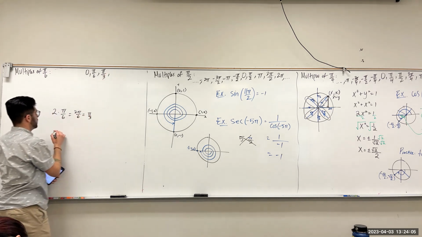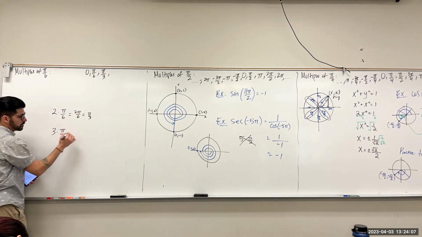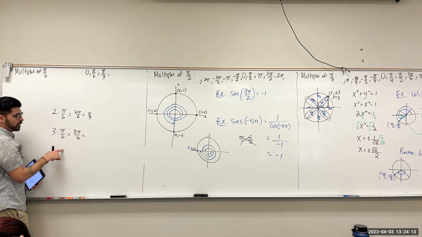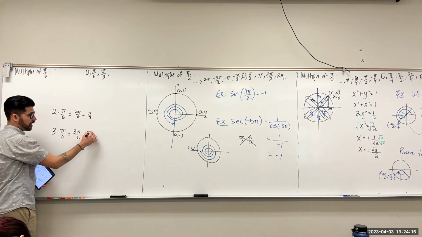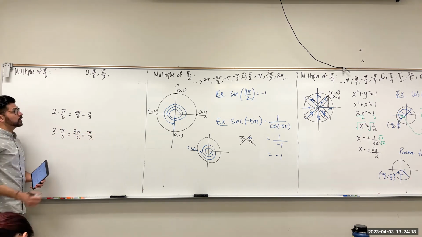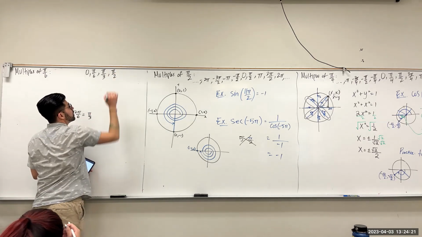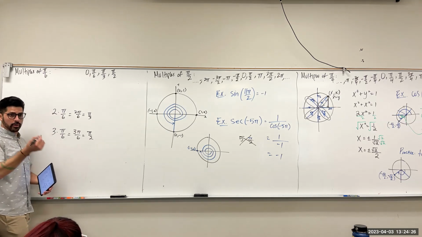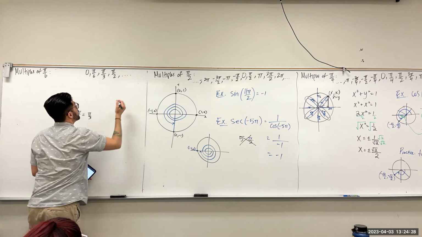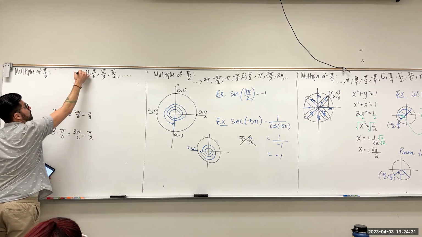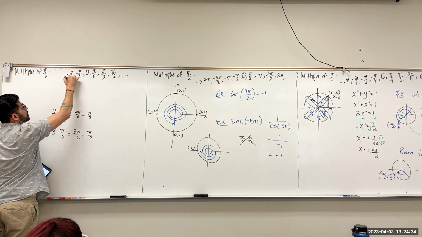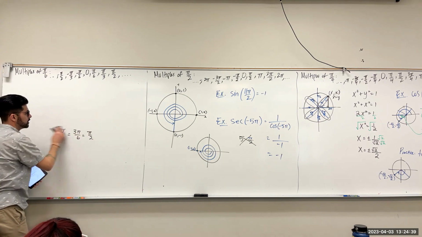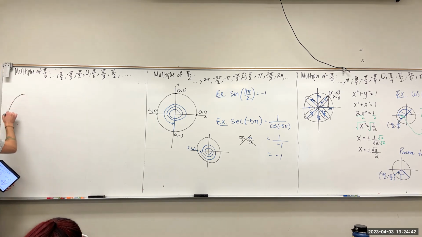And then you got 3 pi over 6, which reduces to, 3 over 6 is really a half, pi over 2. Pi half. And then you keep doing it. Then 4 pi over 6 and then 5 pi over 6, okay? Same thing that we've been doing and the same thing in the negative direction. That pattern continues. But now let me draw a bigger unit circle because we're gonna need to do this more.